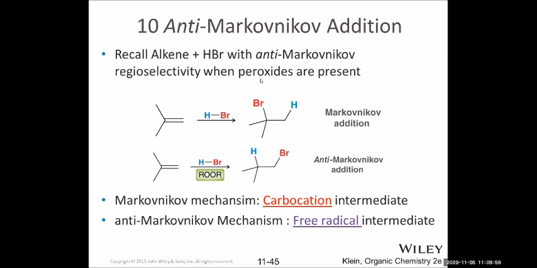If you remember, Markovnikov is when there is no catalyst, no peroxide, and the hydrogen adds to the carbon with more hydrogen. That's Markovnikov's rule. The anti-Markovnikov is when you have peroxide. With peroxide, the reaction is completely different. And by the way, learning these two reaction pathways is very helpful for the future discussion about synthesis.